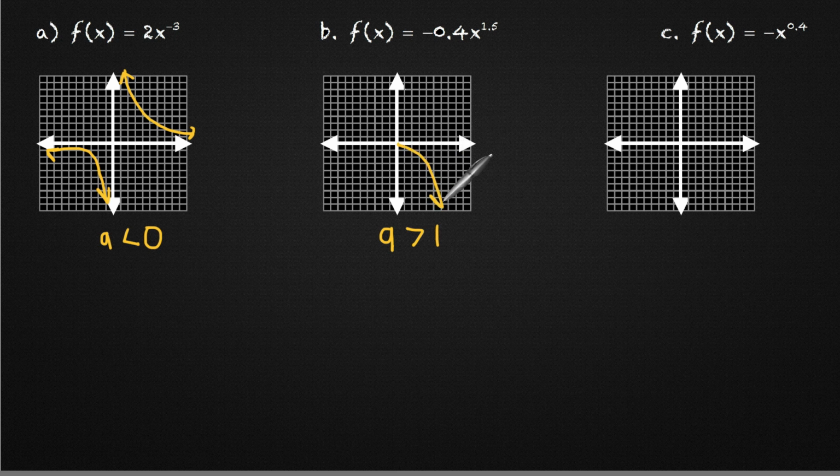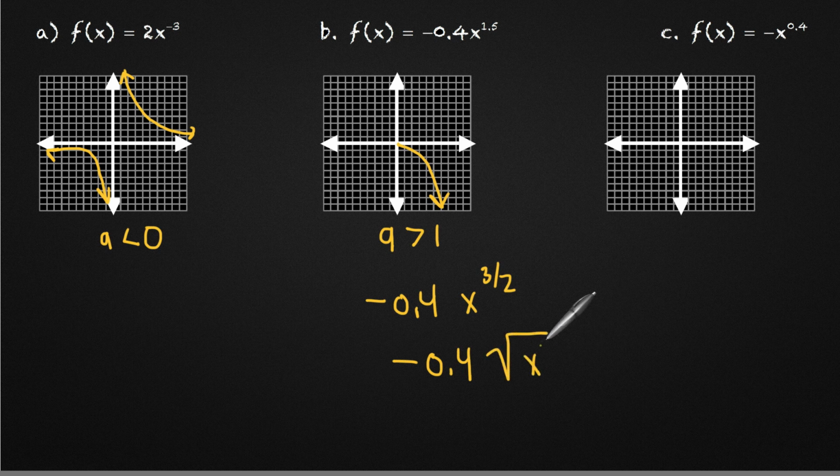Now the question becomes, what type of symmetry, if any, does it have? In order to figure this out, we need to rewrite this as x to the 3/2 power. This is the inside power divided by the outside power, and that's how you deal with these fractional exponents. Inside divided by outside. So it's going to be the square root of x cubed.